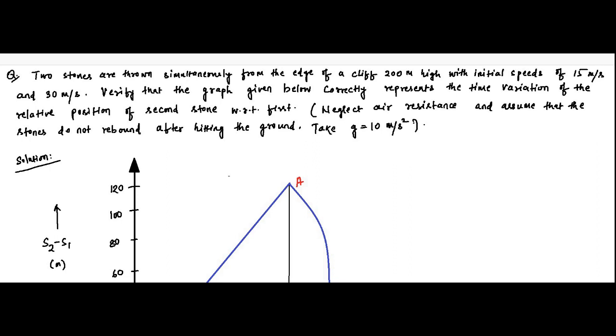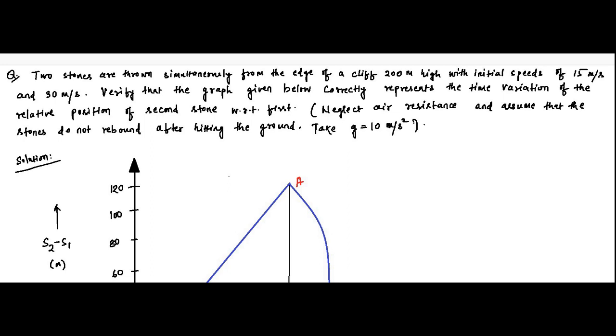So here is another question on graphical analysis of one-dimensional motion. Two stones are thrown simultaneously from the edge of a cliff 200 meters high with initial speeds of 15 meters per second and 30 meters per second.